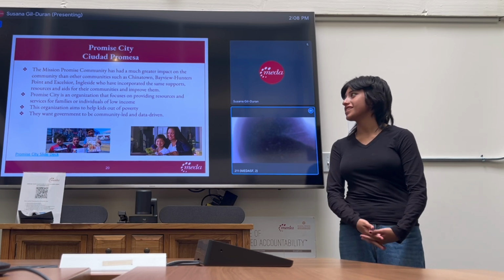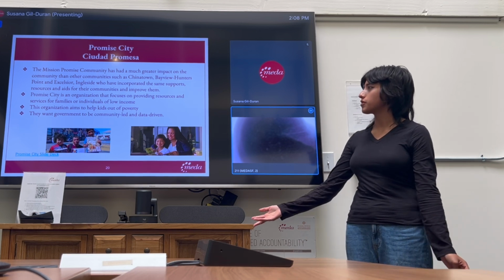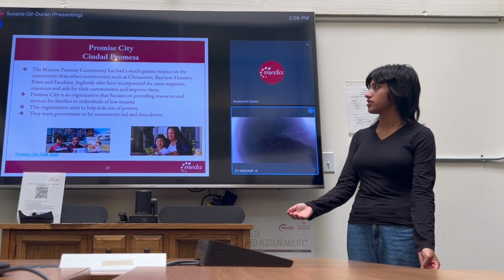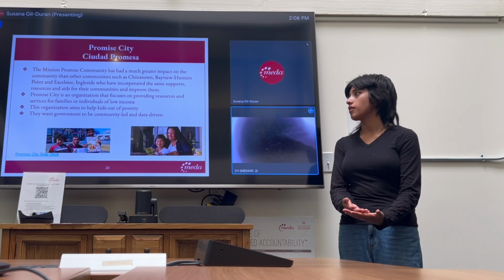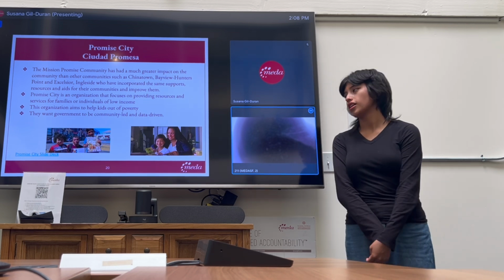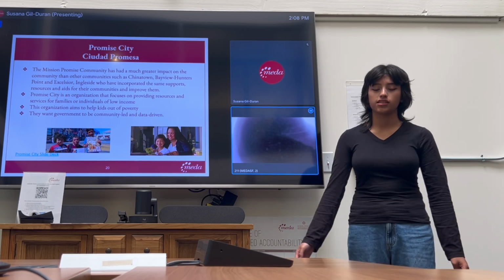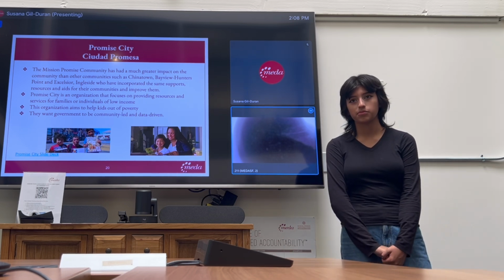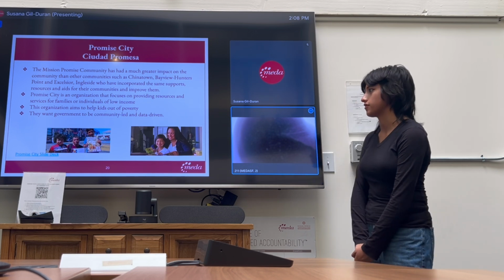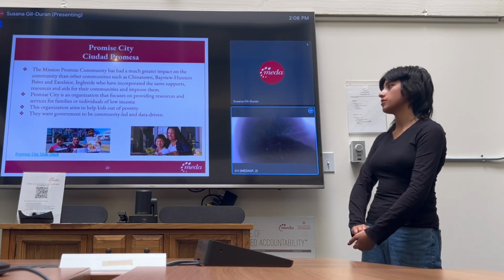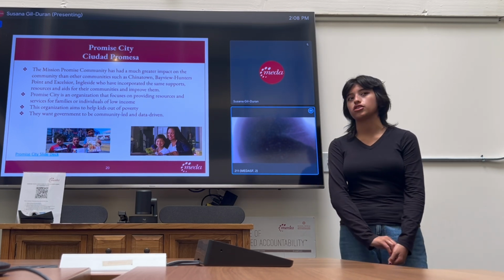Promise City is also an organization that focuses on services for helping people, families, or individuals of low income. This organization aims to help kids out of poverty specifically. They also want a government to be community-led and data-driven.